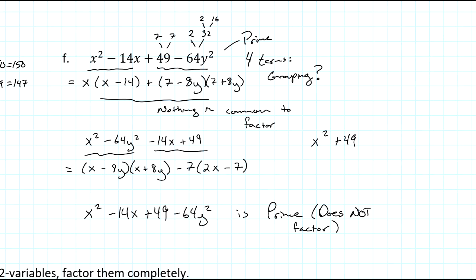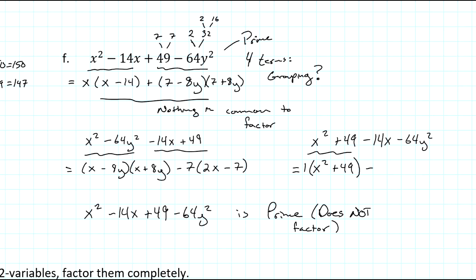grouped with the plus 49, and then have a minus 14x minus 64y squared. But then this doesn't factor at all. So here, the most I could pull out is just a 1, which really isn't pulling anything out. And I could pull out a minus 2. 2 definitely goes in.